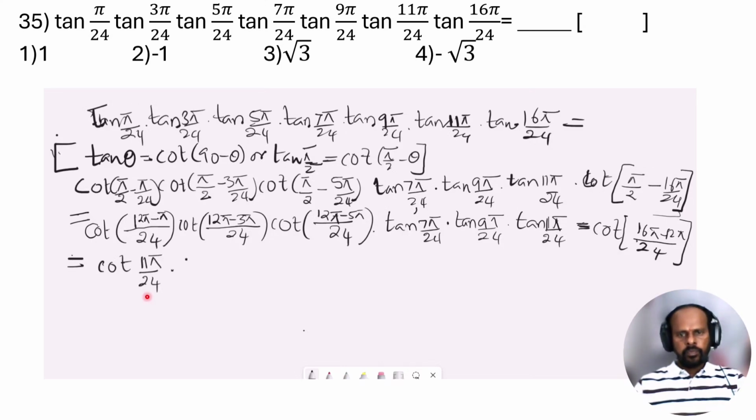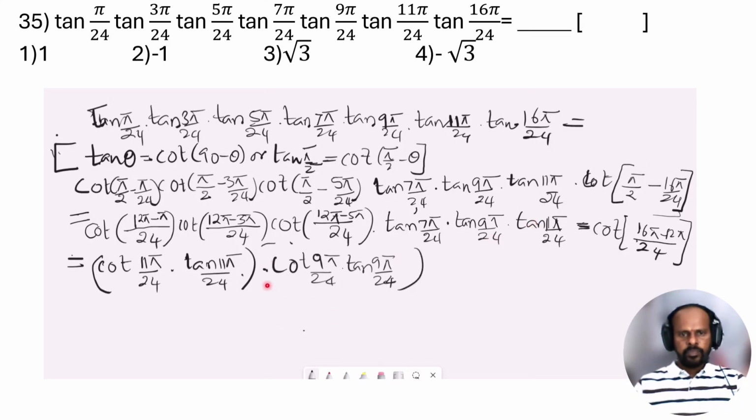And here we got tan 11 pi by 24, given in the question, writing at a time. And the next result, this one, 12 minus 5, cot 12 minus 3, 9 pi, and one more 9 pi tan given, that is written at a time, write as the second term.